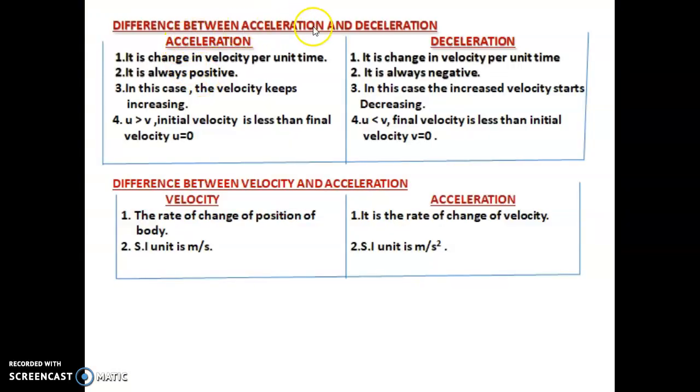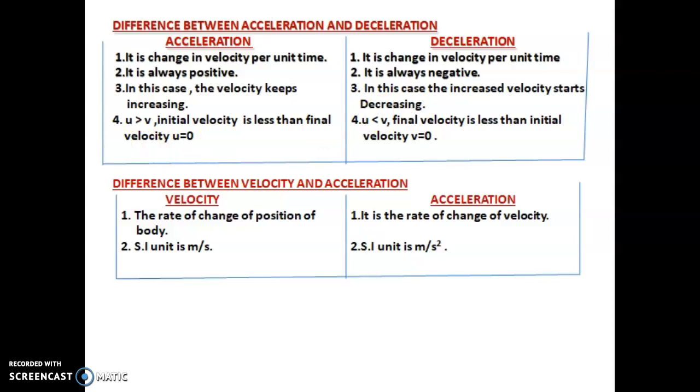Now the difference between acceleration and deceleration. Acceleration is change in velocity per unit time, and it is always positive. Deceleration is also change in velocity per unit time, and it is always negative. In acceleration the velocity keeps increasing, and in deceleration the increased velocity starts decreasing.